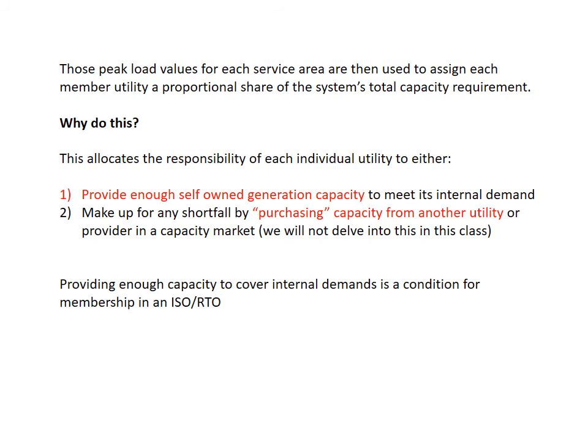And so these average values are then used to assign each individual member utility a proportional share of the system's total capacity requirement. And so this is basically how a lot of different fixed costs get divvied up. And so it's providing enough generation capacity.